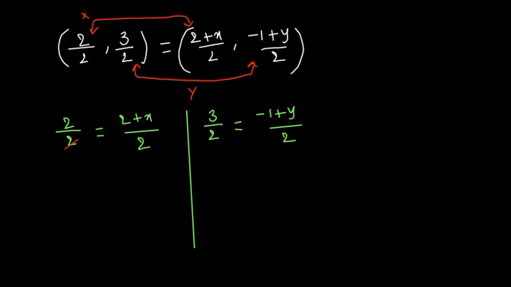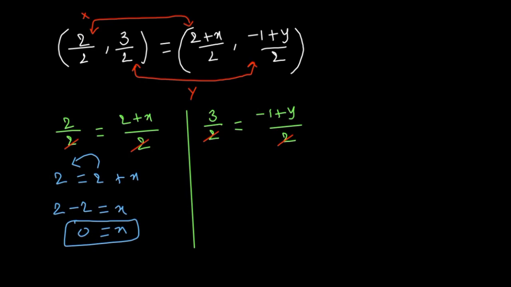Here 2 cancels and here also 2 gets cancelled. Then we have 2 = 2 + x. Sending this 2 across, 2 - 2 = x, so 0 = x. That means x is equal to 0. In the same way, here also 3 = -1 + y. Just transpose -1 here: 3 + 1 = y.